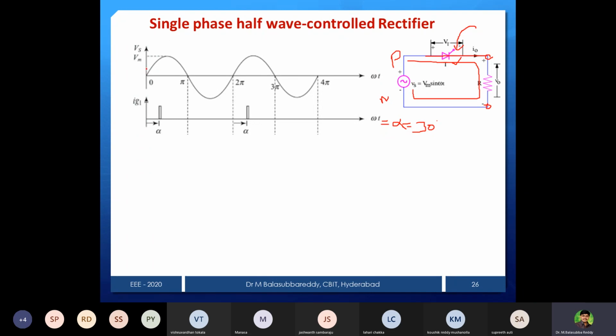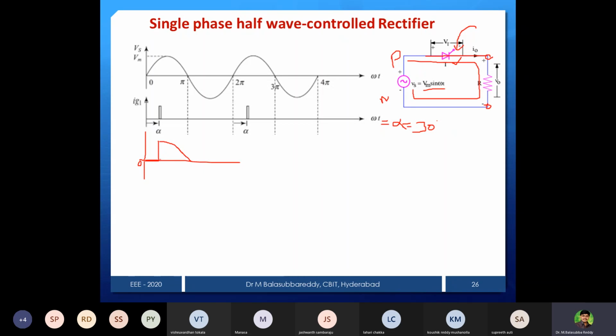What is the source voltage? This is our source voltage, Vm sin omega t. The same thing we will get in the output at an angle of alpha only. Before alpha, what will happen? Before alpha, the thyristor is forward bias, but it is not conducting. That's why the output voltage is 0 from 0 to alpha.